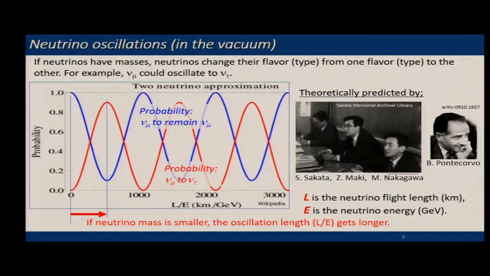And that way, neutrino type changes continuously while propagating in the vacuum. This is the neutrino oscillation, and this was predicted by Pontecorvo, Maki, Nakagawa, and Sakata more than 50 years ago.